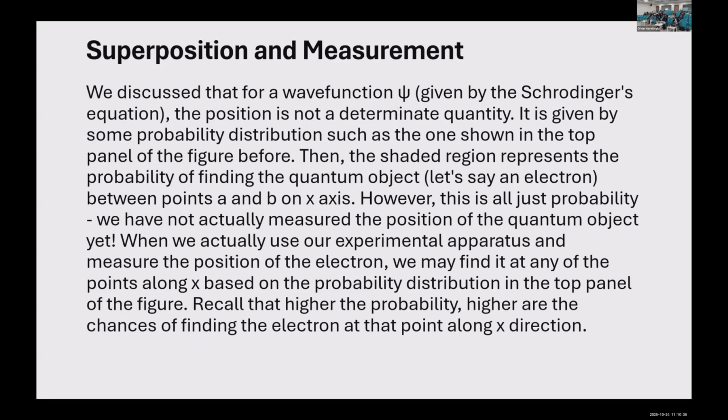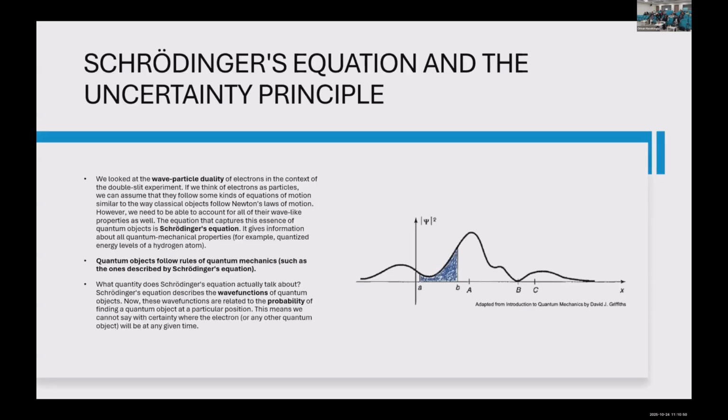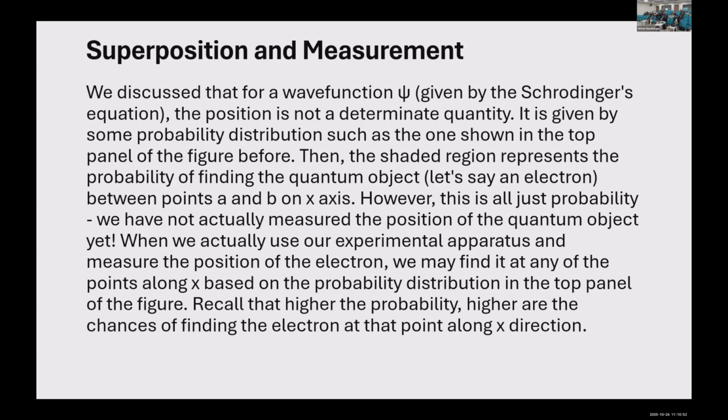So we discussed that for a wave function, psi, given by Schrödinger's equation, the position is not a determinate quantity. It is given by some probability distribution, such as the one shown in the top panel of the figure before, right here. So then the shaded region represents the probability of finding quantum objects.